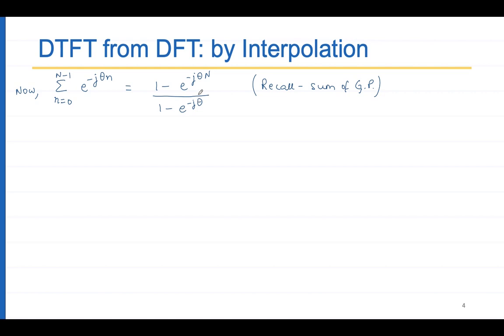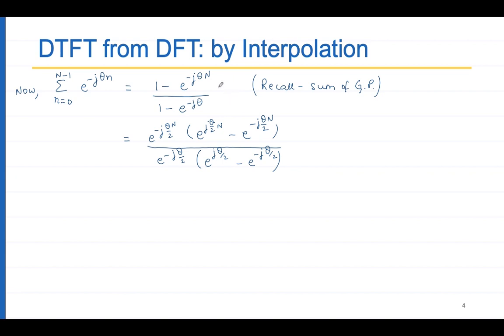Now let's put it back in our original formula. Some simplification can be done so that this thing can be written in terms of sinusoids and cosinusoids. Basically, why am I doing it? I want to find out the magnitude of this term and the phase of this term.